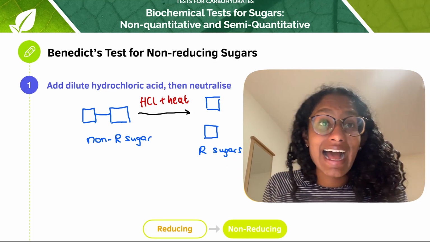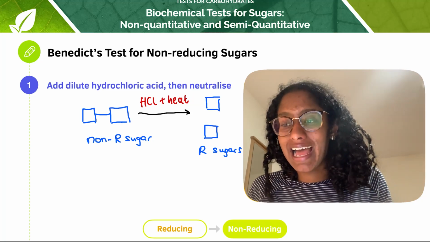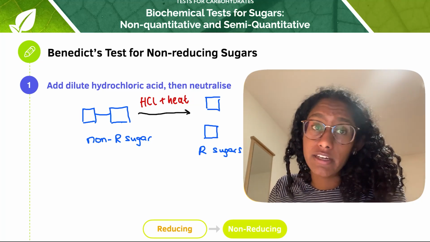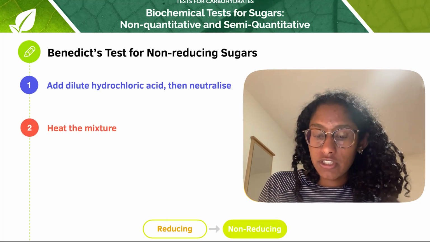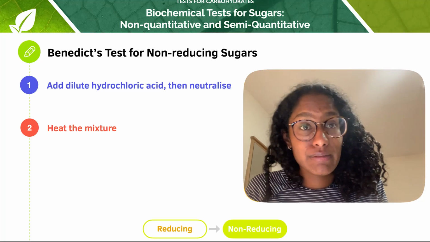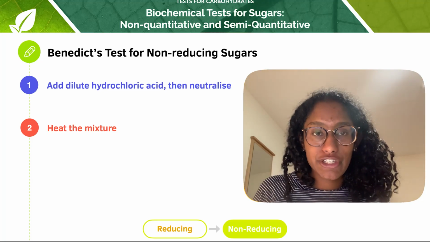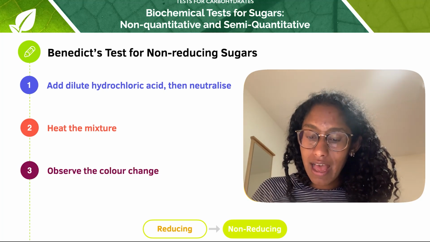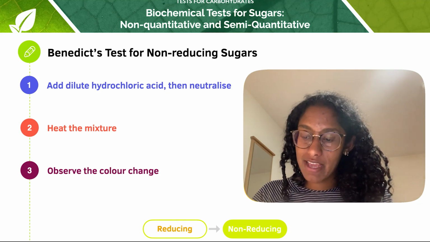Now, bear in mind, this is acid we're adding to our solution, so we're going to want to neutralise it. And we just do that by adding some sodium hydrogen carbonate, for example, or it could be another sort of alkaline neutralising solution. So we have our neutralised solution. We're then going to do the exact same thing that we did before, because we've now essentially got our reducing sugars in our mixture. So we're going to heat the mixture and observe the colour change.